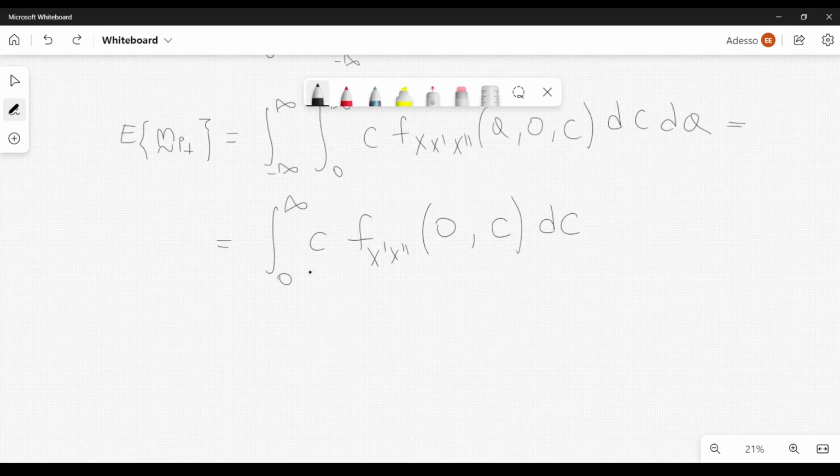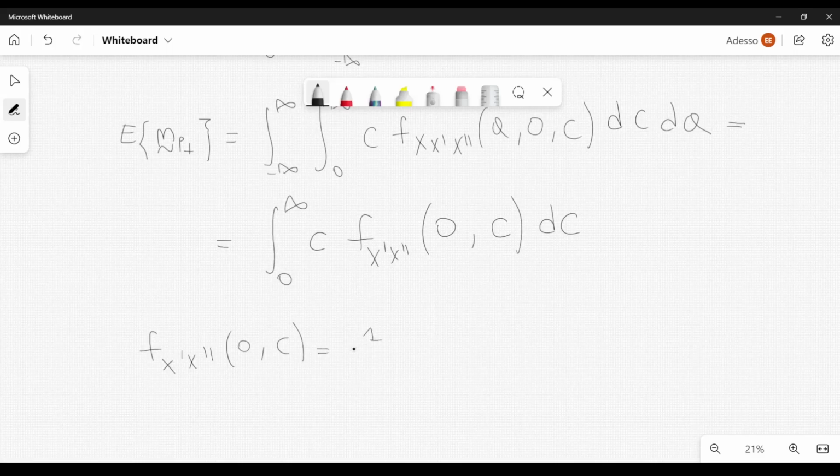And now we have a formula for f of x prime, x double prime, knowing that x prime and x double prime are Gaussian. We can use the joint distribution, and you have to set the first variable equal to 0 and the second one equal to c.